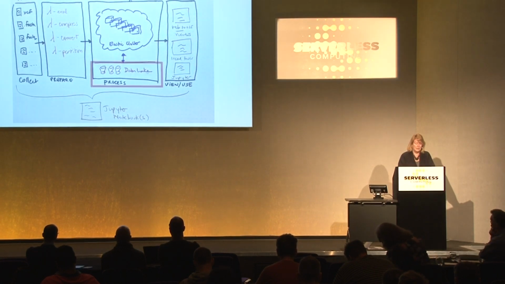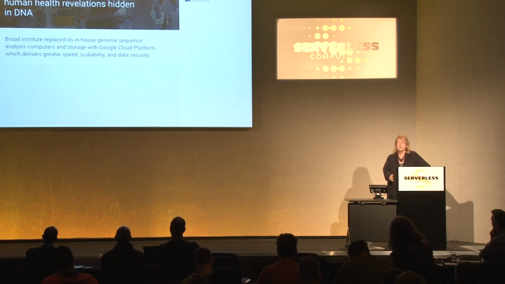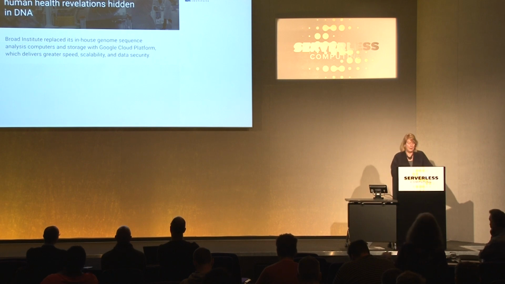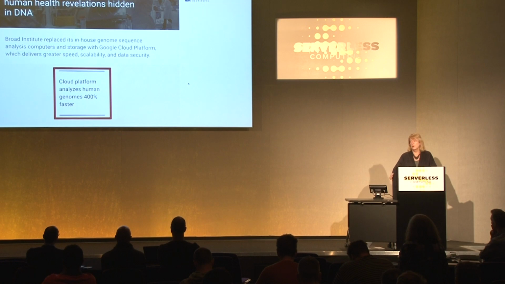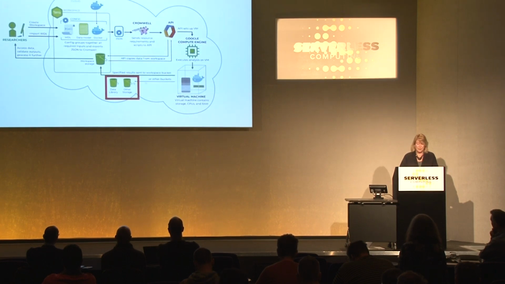So what about this? I don't want to give up, right? I'm kind of dogmatic. What happened because of the CSIRO is I got introduced to the lead architect of the Broad Institute at MIT and Harvard, where that sequencing was done, and they happened to build a prototype on the Google Cloud that ran 400% faster, which I was actually studying to build the thing for Australia. I got invited to come out and work with them. The product is called Terra.